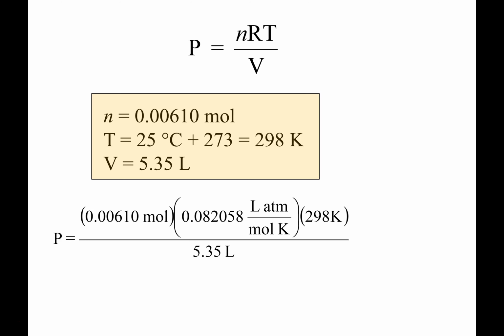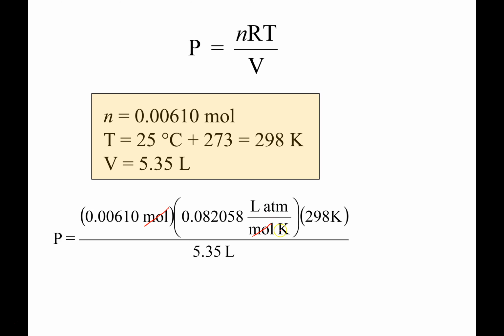So we go ahead and in the numerator put our 3 terms: the 0.00610 moles, the value of R, 0.082058 liters atmospheres per mole Kelvin, and the temperature in Kelvin, 298 Kelvin. Divide by volume, which was our 5.35 liters. And my favorite part of working with the ideal gas law equation is canceling units.